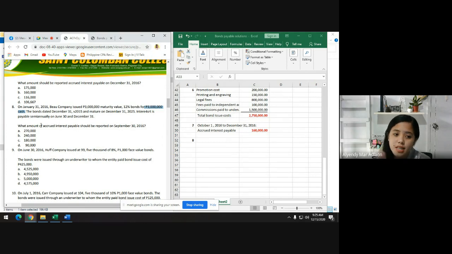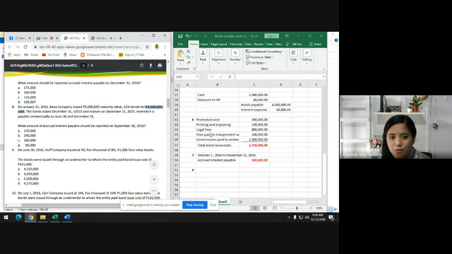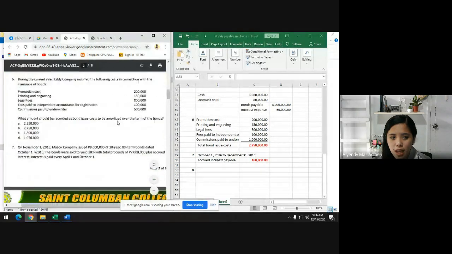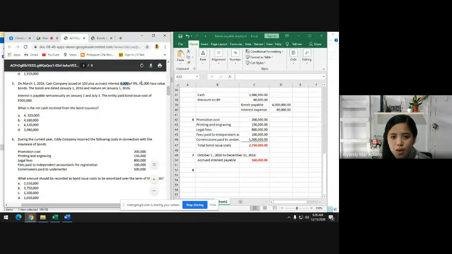September 30, 2016. By the way, class, just additional information, gi-issue siya with a face value of 3 million and the issue price is also 3 million. Okay? So that means, if you remember katong mga previous problem, the face value is 4 million times 1,000, that is 4 million.